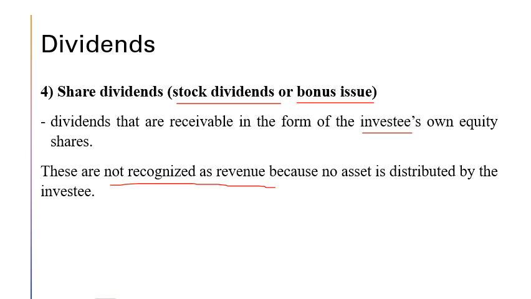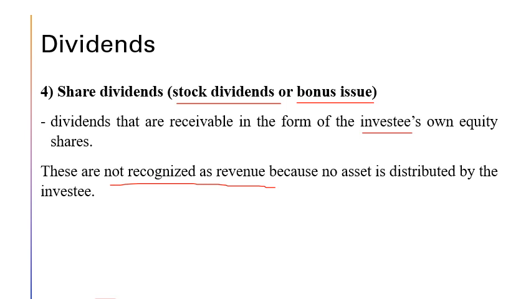If you can recall in the previous, the type 2 dividend, which is the property dividends, remember that what we were distributing that time is what I own in another company. And di ba, what I own in another company is my asset. But here in number 4, what I am distributing to my shareholders are not my asset, but these are my company's shares.